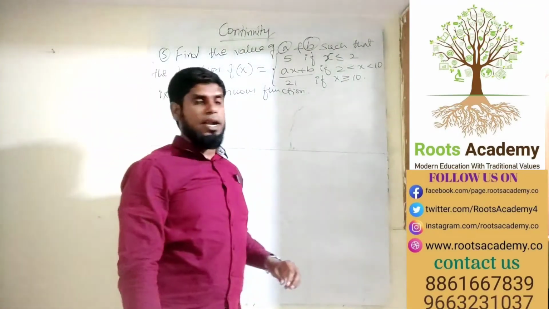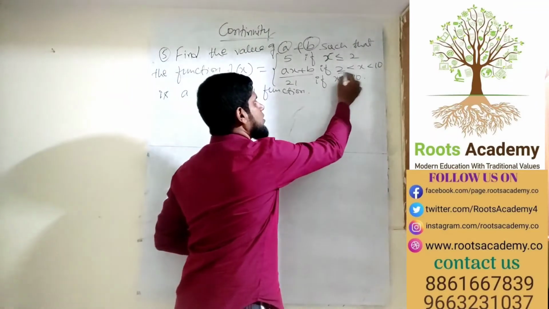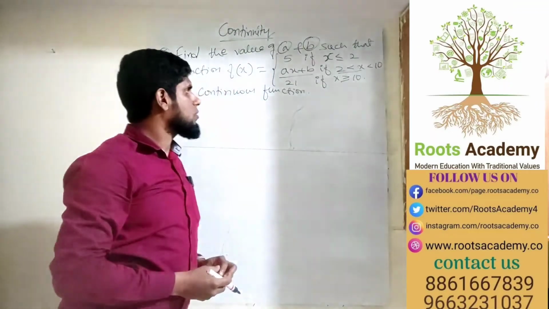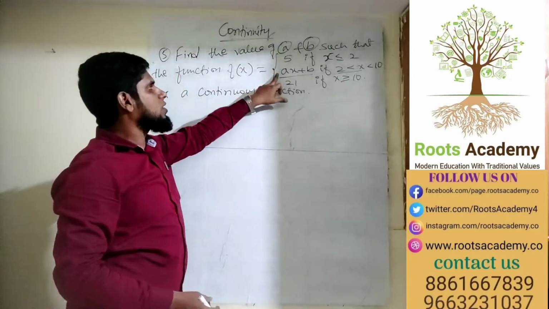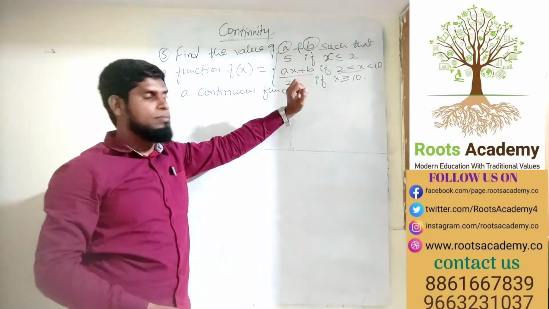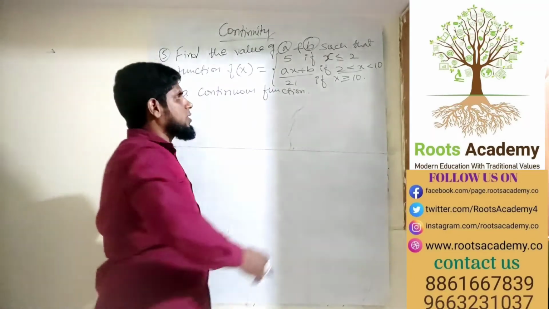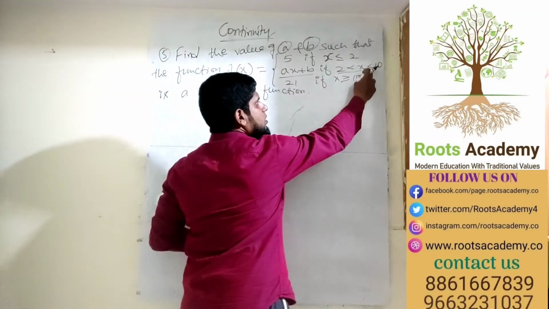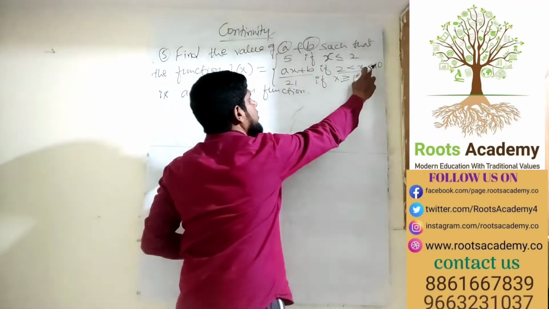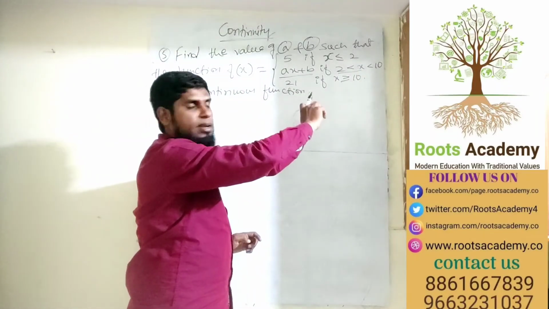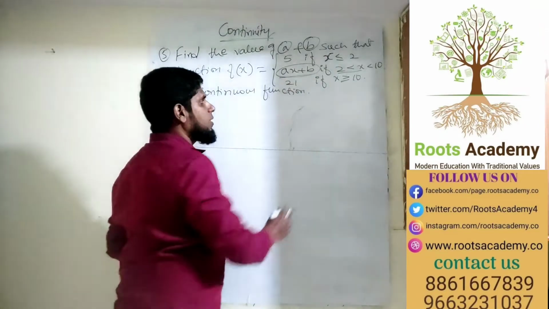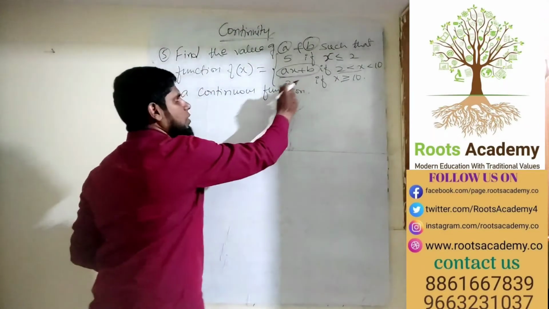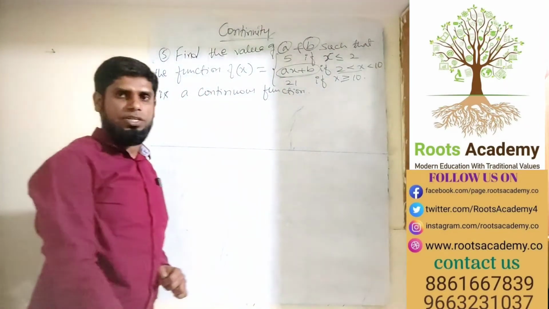Next, when x is greater than 2, the function value is ax plus b. Next, when it comes to 10, for x less than 10 the left hand limit is this function, and for the right hand limit with equals to, 21 is the function.